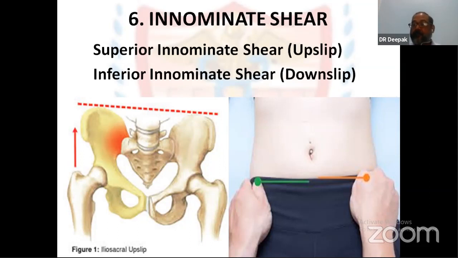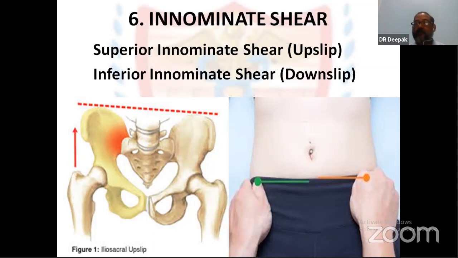In the assessment part, when we check the ASIS of the patient, they should be in one line. The right ASIS and left ASIS should be in one line.